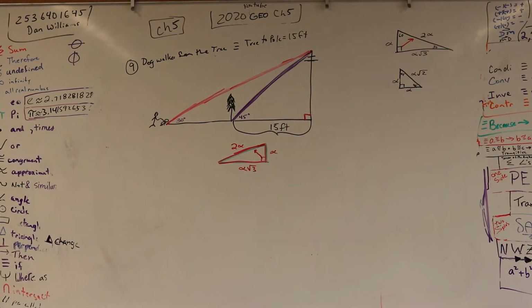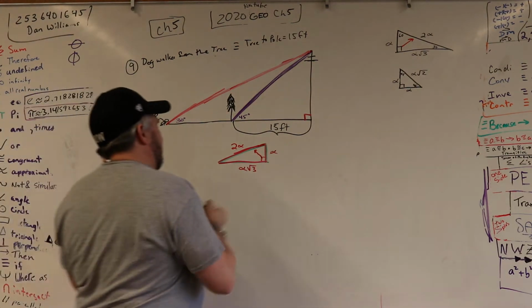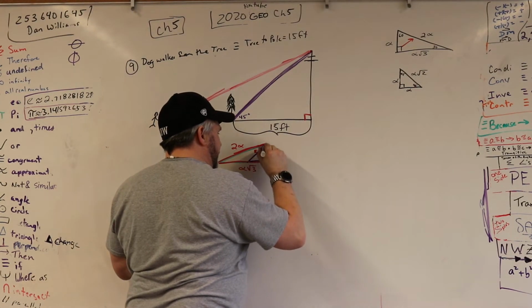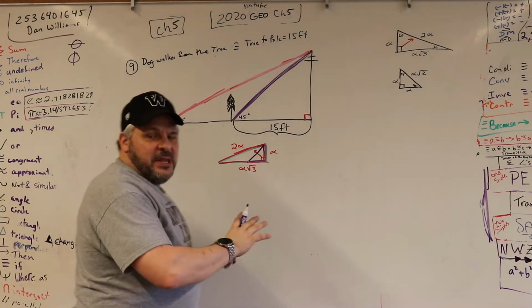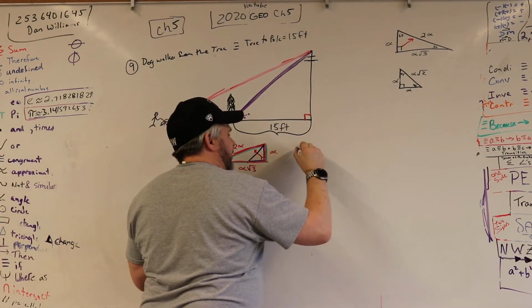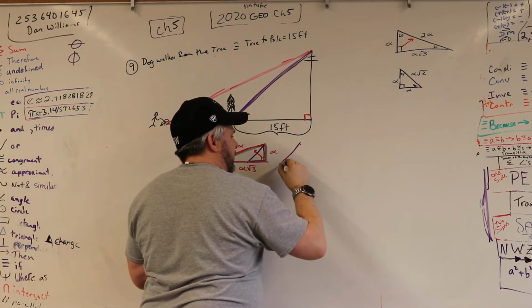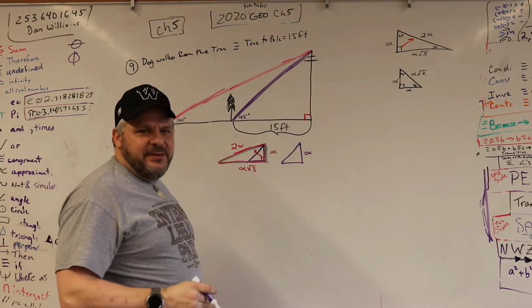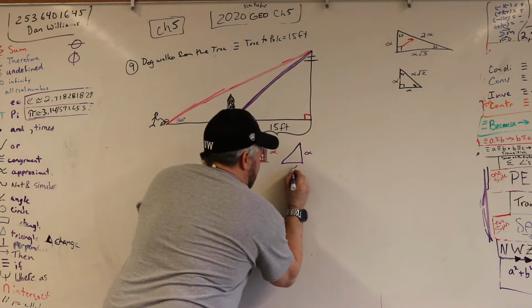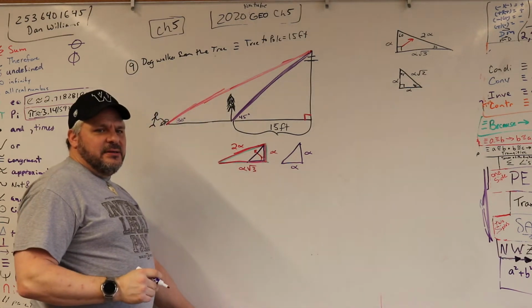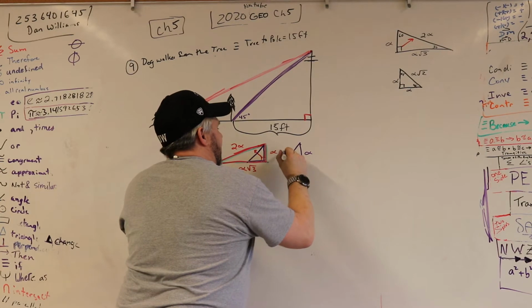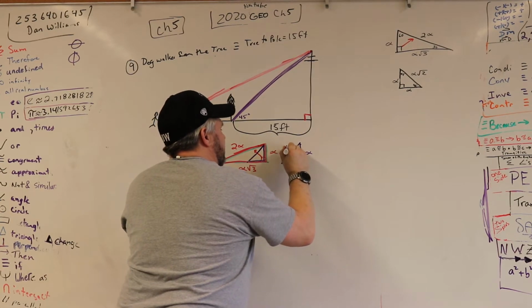Now what's kind of cool is there's this other one that fits inside of it, and it's purple. So let's pop out this purple. The purple still has the alpha, and that means this is alpha, and this piece is really alpha square root 2.